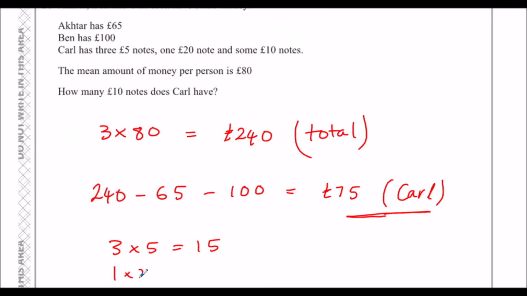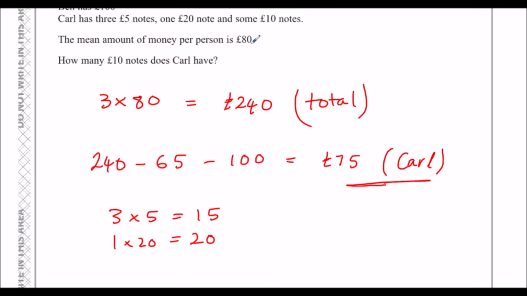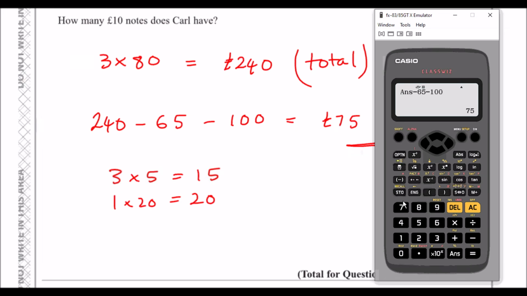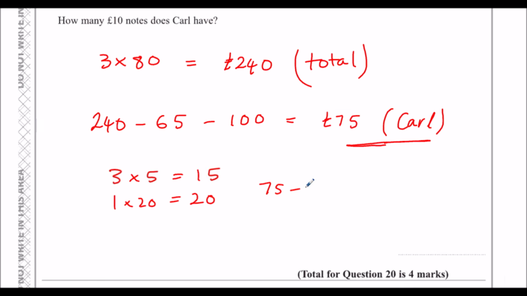He's got one £20, and some £10. So if we take away the 5s and the 20, so 75, take away 15 and take away 20, leaves £40. So he's got £40 in £10 notes. How many notes is that? That's 4 £10 notes.